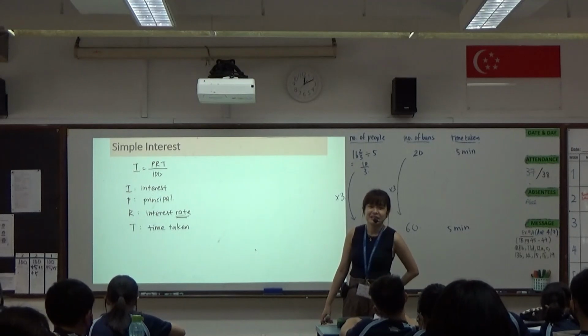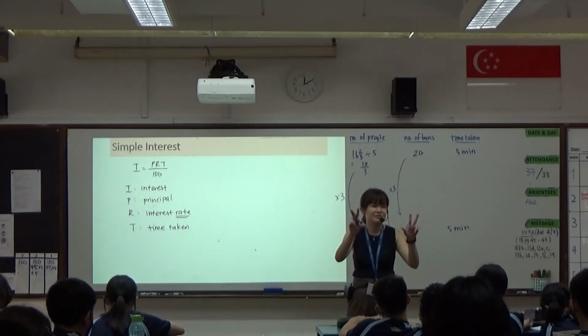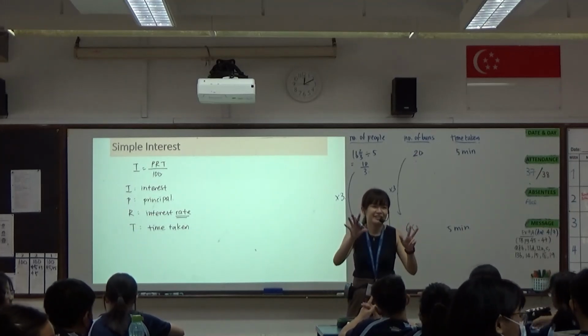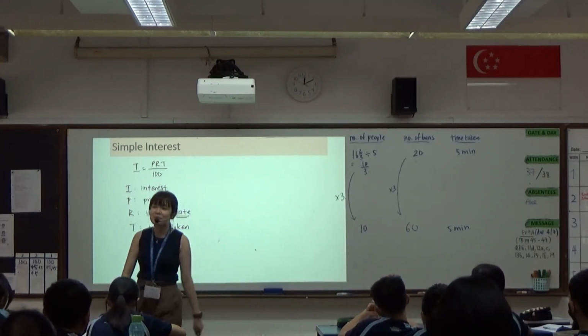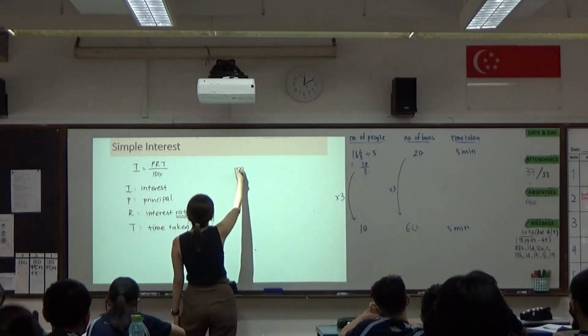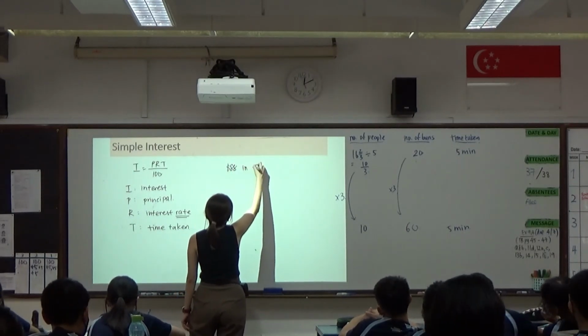Can someone give me a number? $10? 5. 60, 80. 88. Oh wow, very hot all the number. Let's do a very hot number, so that we can all hot. So let's say, you put $88 in the bank.